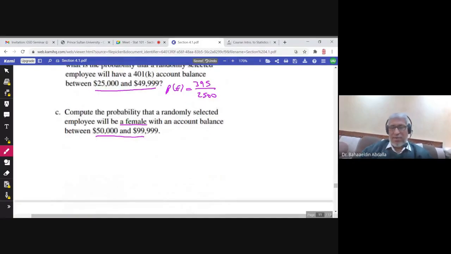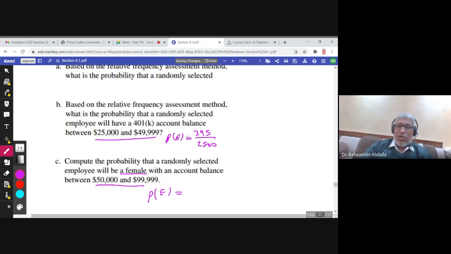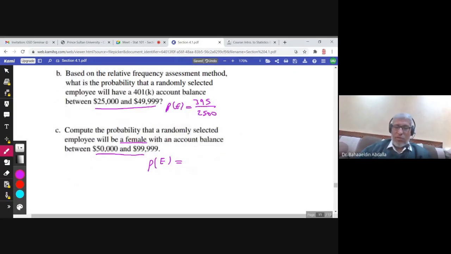So the probability of this event, female intersection balance, if you can call them E1, E2, E3, or I just say it as E, would be 260, the number of females with this balance, over the total number of employees.